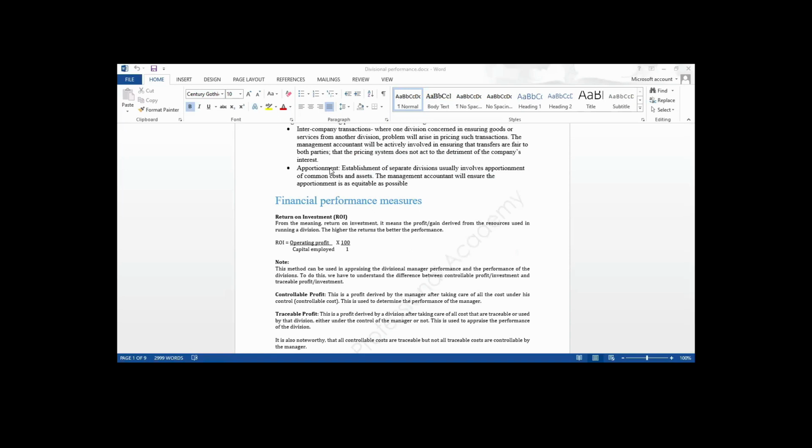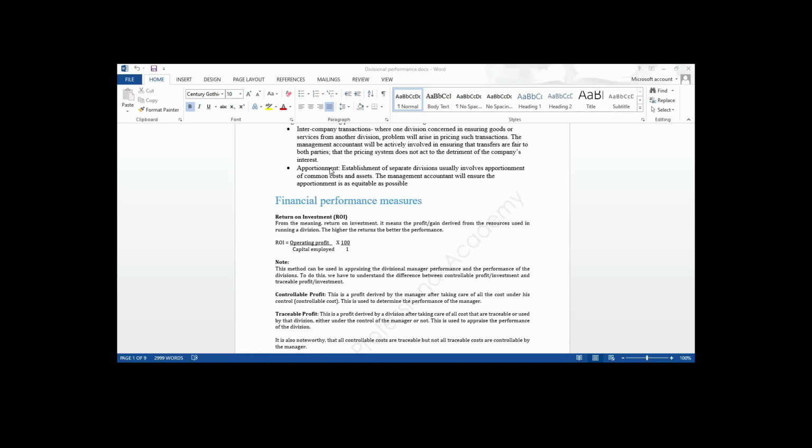Next, financial performance measure. Divisional performance can be done using financial measures. Under the financial measures, we have return on investment. Return on investment relates profits achieved to the capital employed.